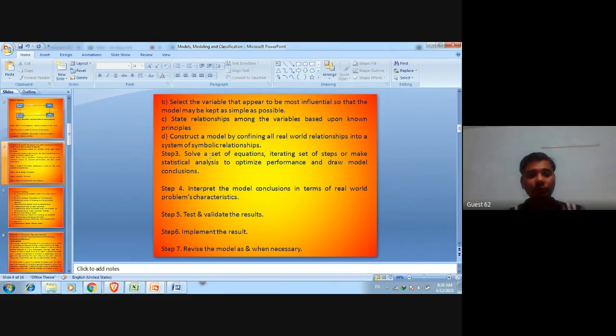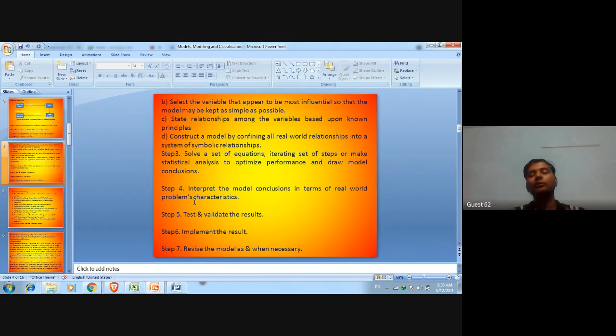Now construct a model by converting all real world relationships into a system of symbolic relationships. We have used symbols x1, x2, x3, x4, z, p, plus, minus. All these symbols will be used for constructing a model. Okay.